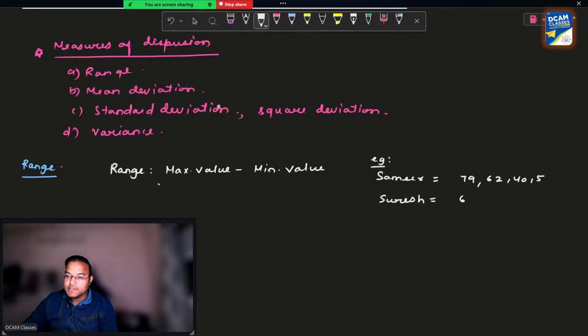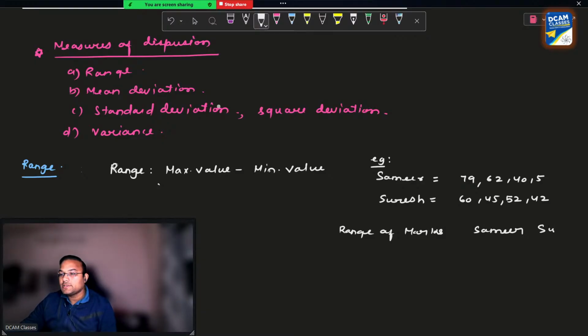Suresh has got 60, 45, 52, and 42. Now, if they ask what is the range of marks, very simple. You will be able to do it without any example, but just for the sake of making you understand, I have given this kind of example.